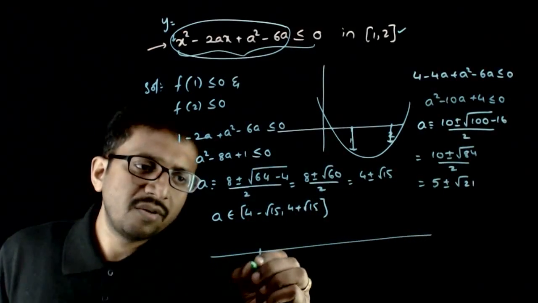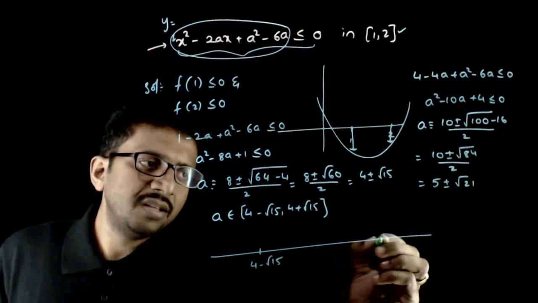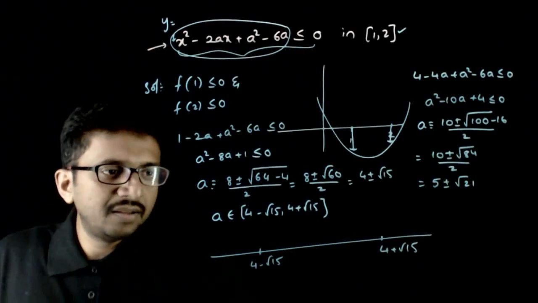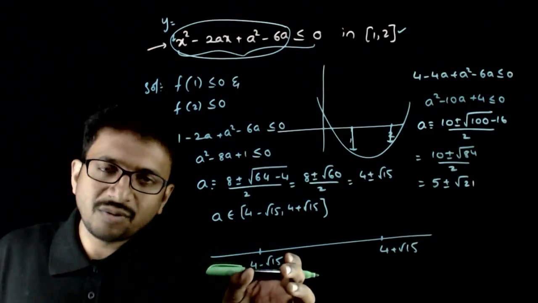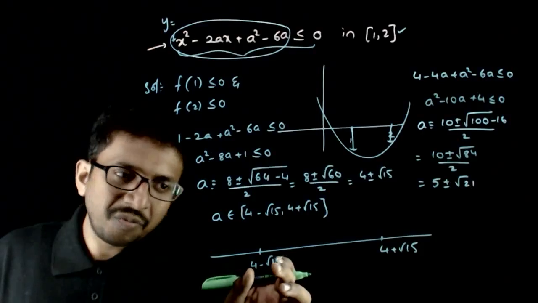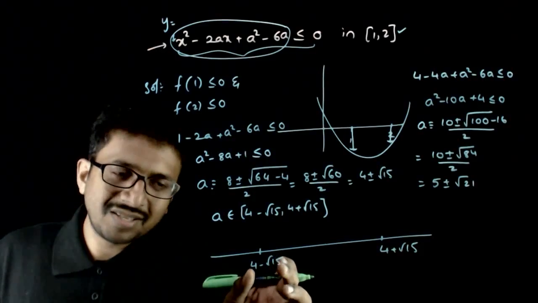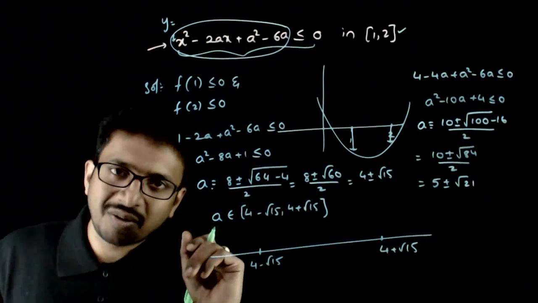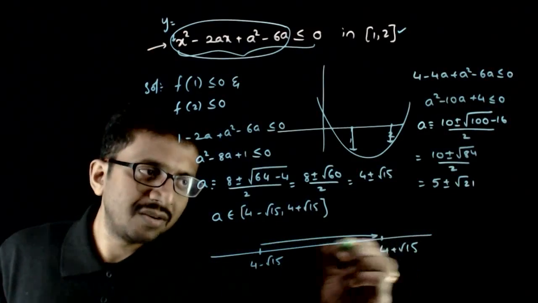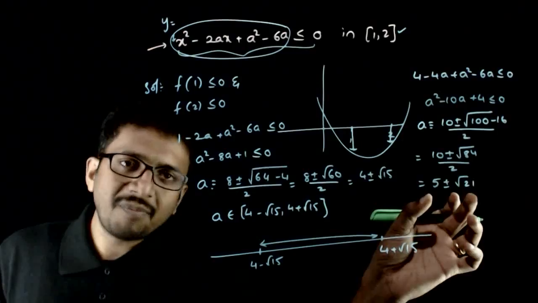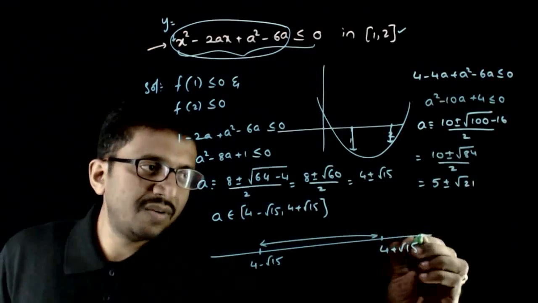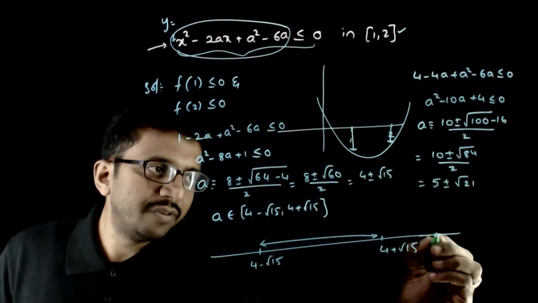One is 4 minus root 15, the other is 4 plus root 15. What is 4 minus root 15? It is somewhere very close to 0 point something. This is a positive number, this is also a positive number. So my a has to belong to this interval. Now if I take 5 plus root 21 and 5 minus root 21, obviously 5 plus root 21 is more than 4 plus root 15.